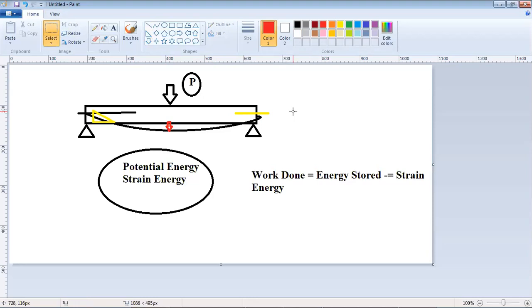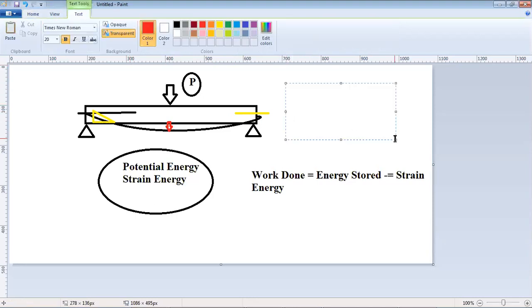So along with the development of strain energy, you also have deflections as well as slope in the element.